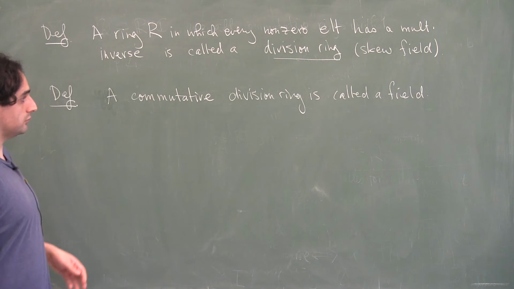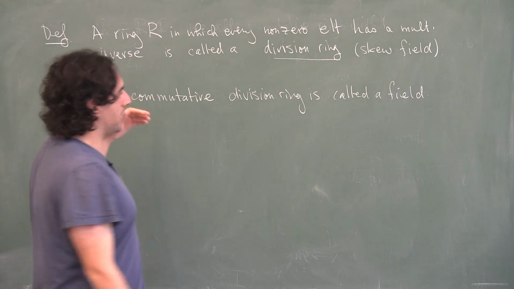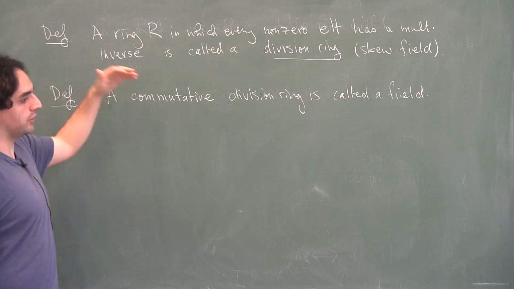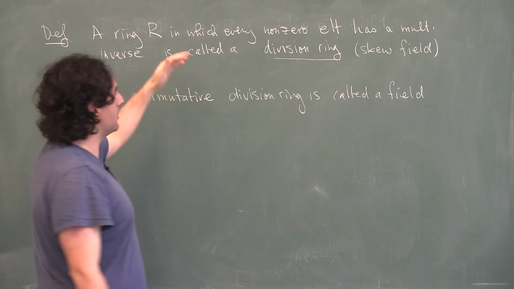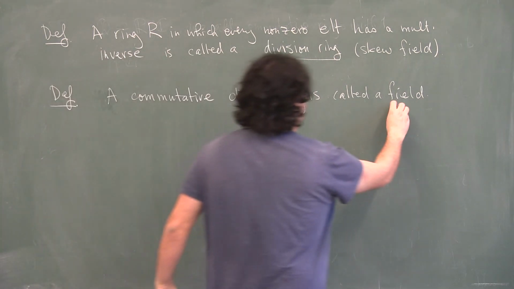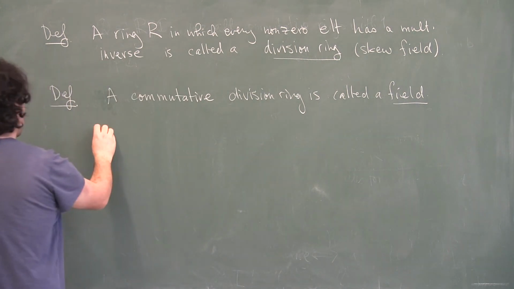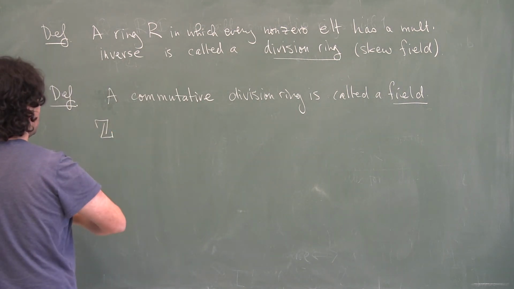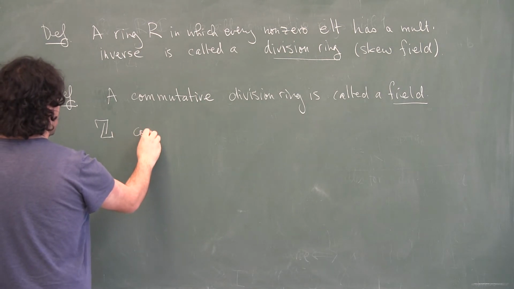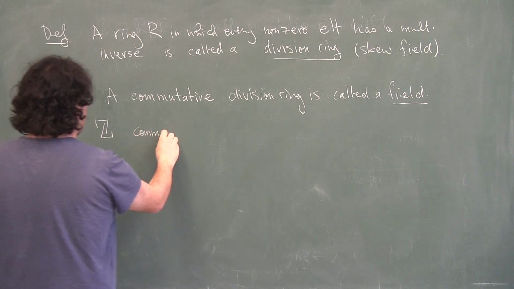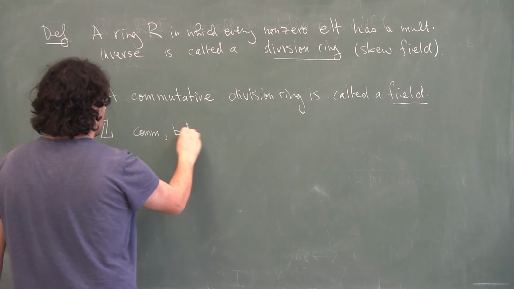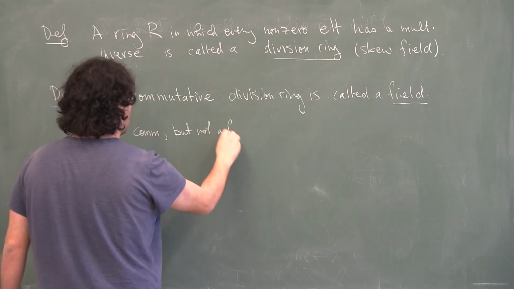Okay? So let's just recap in terms of the examples that we've seen and the definitions that we have now given. So Z, the ring of integers, this is commutative but not a field.